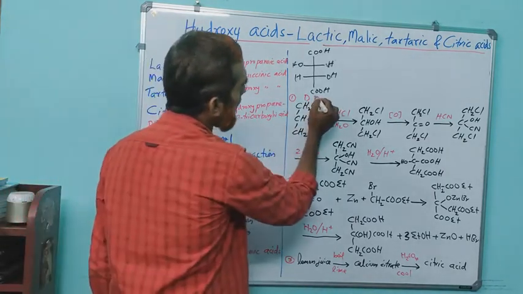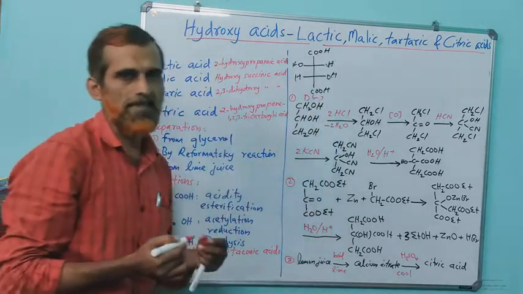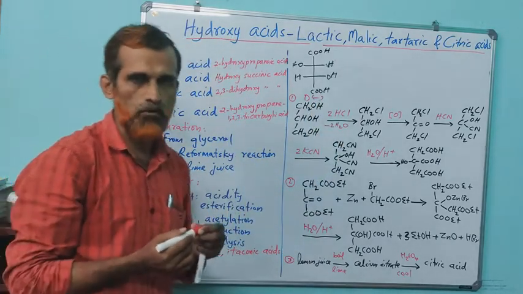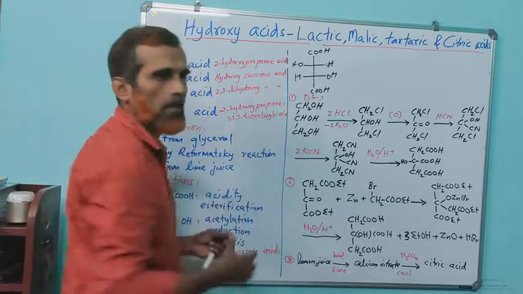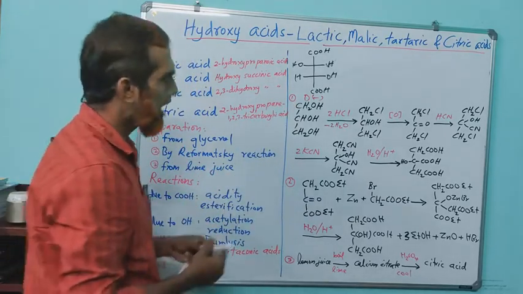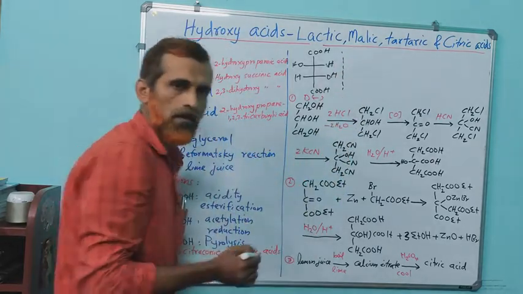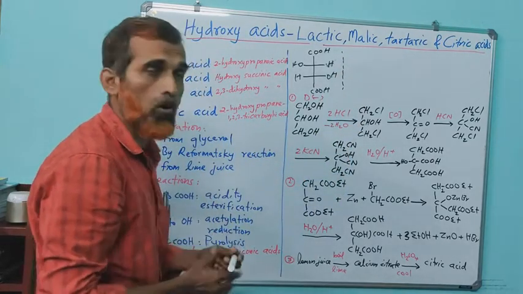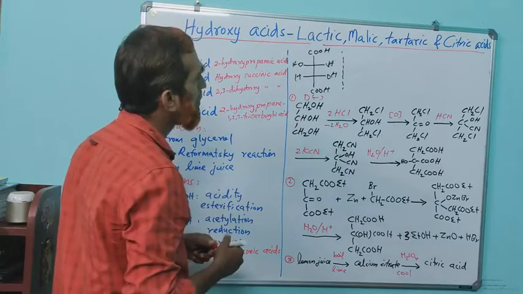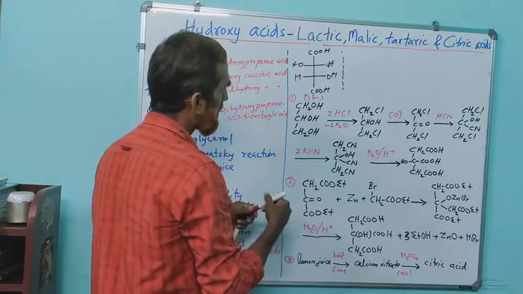It is found to be levorotatory actually as far as the optical rotation is concerned. So this is D-tartaric acid, okay, and its mirror image will be what? The L form, the dextro form.